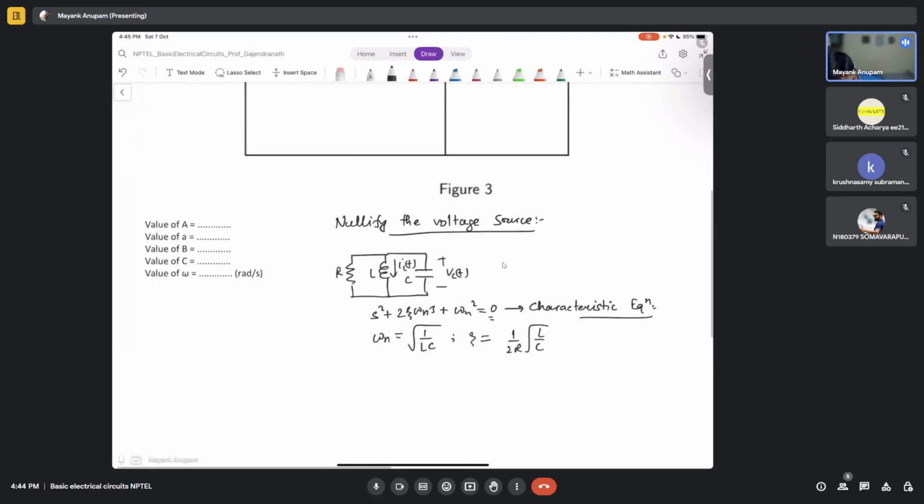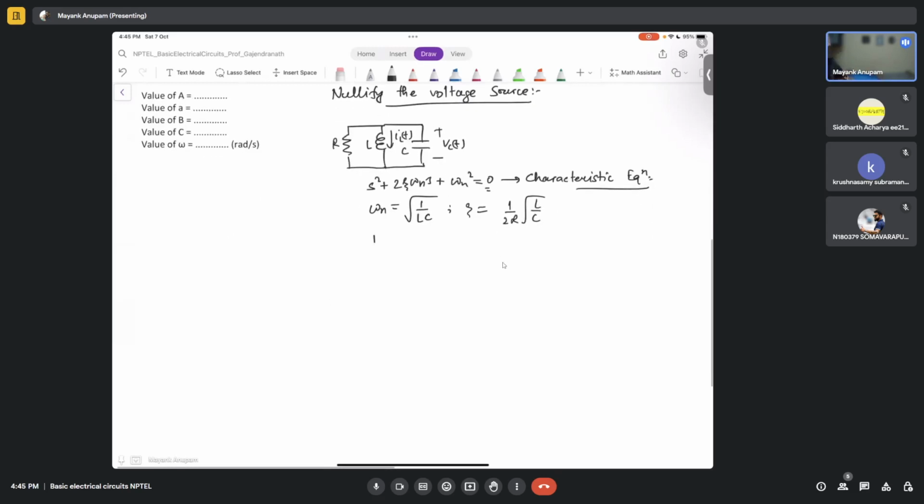And now again the same thing. What is p real here? The real part is minus zeta omega n, right? And what is p imaginary here? Omega n times square root of 1 minus zeta square.